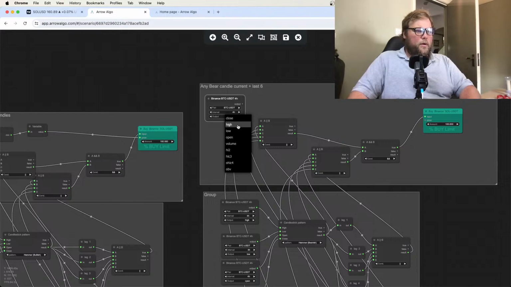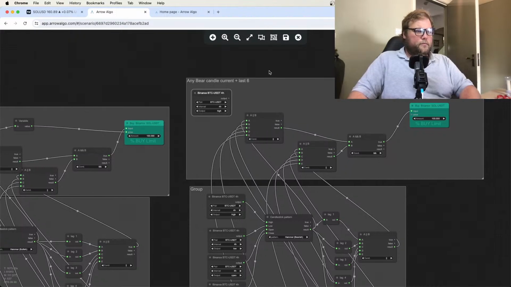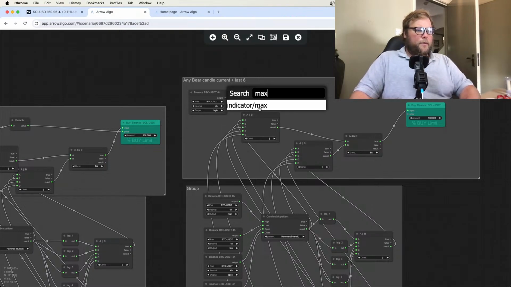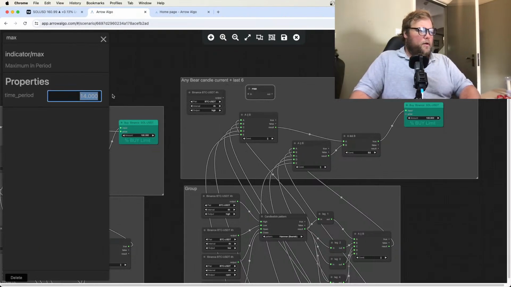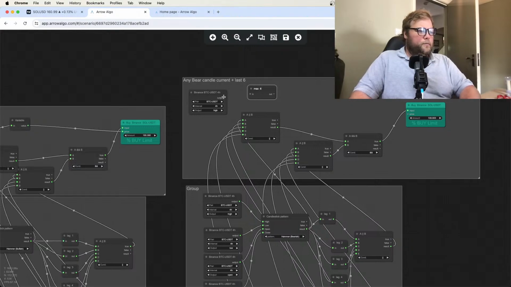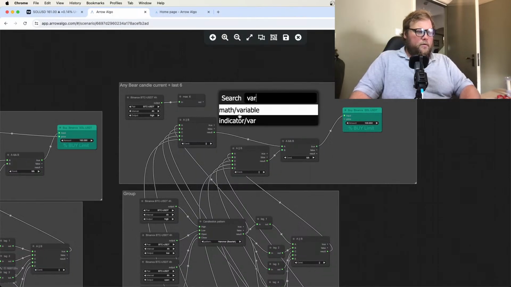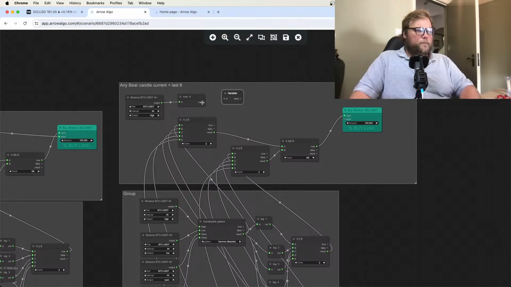We're going to look for the 4-hour high price. We're going to look for the maximum value in the last 6 candles, and save that value as a variable, and we'll feed in that as our buy price.